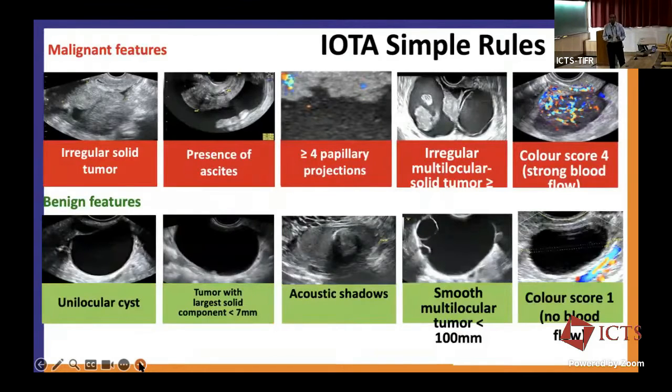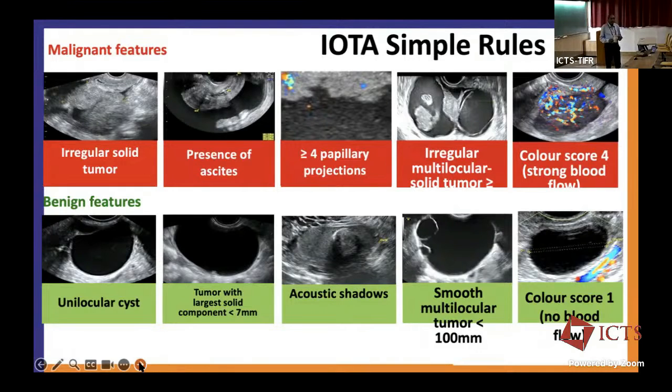So the international group sat together and they said, let us fix a certain number of features which are characteristic of malignancy or which are benign. So these are called the malignant features: irregular solid tumor, presence of ascites, papillary projections, irregular multilocular, and then color scoring. These are all benign features.